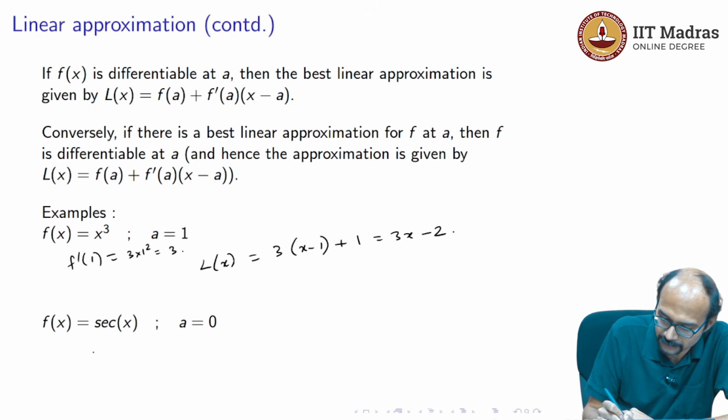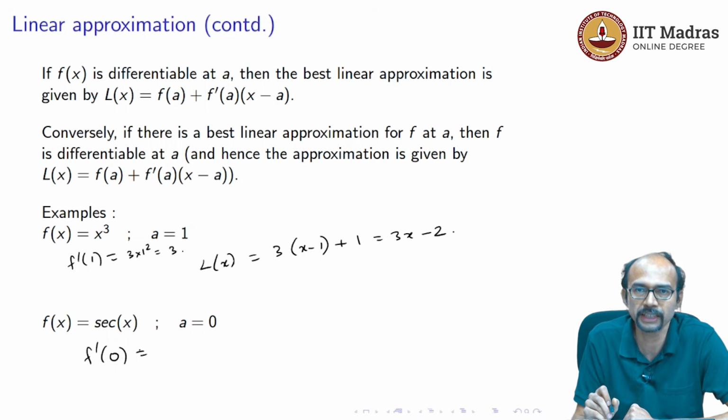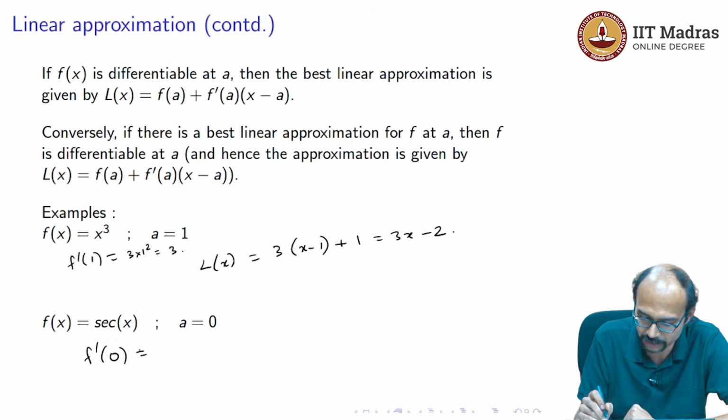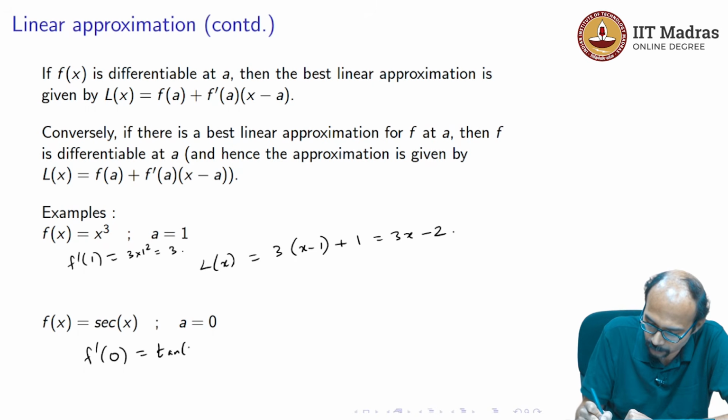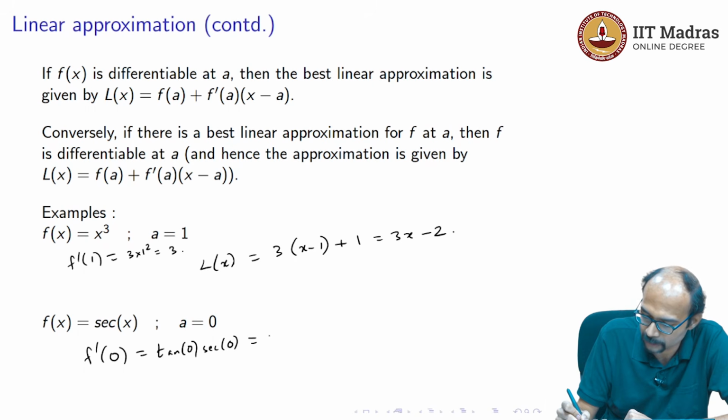Now if you have secant, you want f prime at 0. The derivative of secant of x is tangent of x times secant of x. So, this is tan of 0 times secant of 0, and tan of 0 is 0.